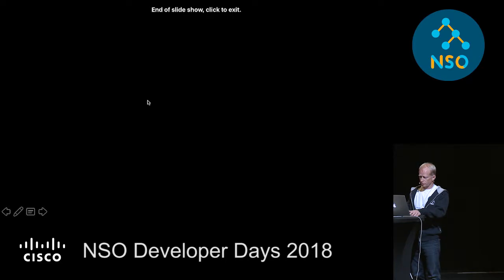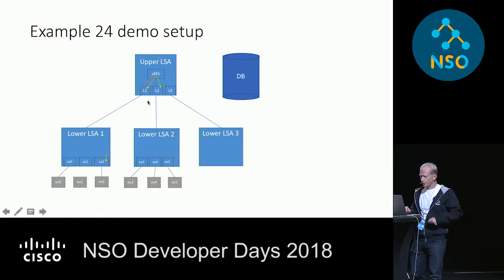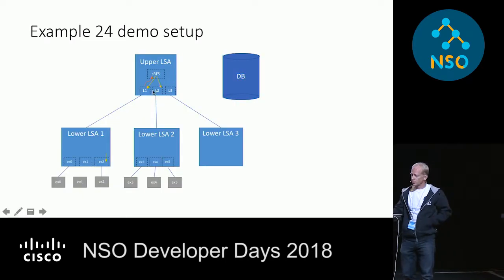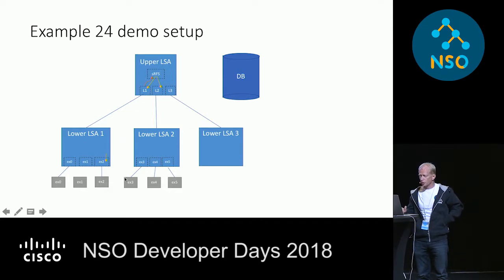Oh, what happened? So the setup is as follows, the demo setup. There is an upper node and there are 3 lower nodes. They have 6 devices, all connected, 3 connected to the first lower node and 3 connected to the second lower node. There is a database, which is actually just a directory where the configurations are stored.